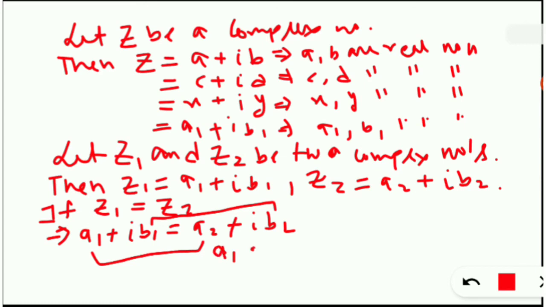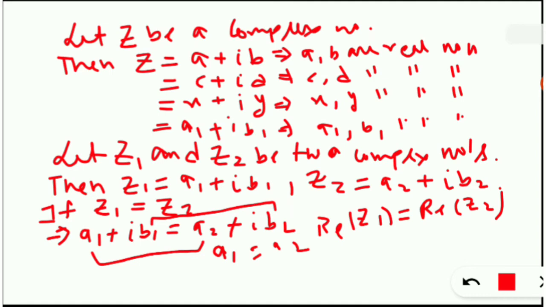So a1 equals a2, that means Re of z1 equals Re of z2, because real part is denoted by Re, okay, and imaginary part is denoted by Im.